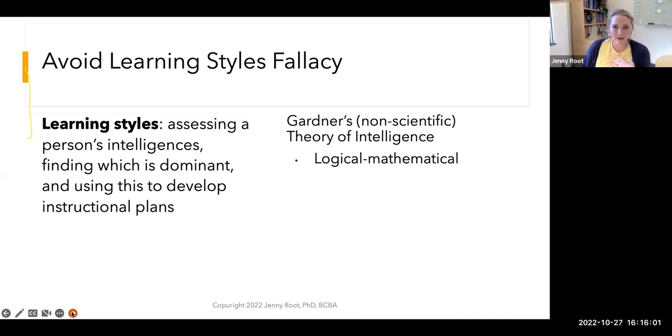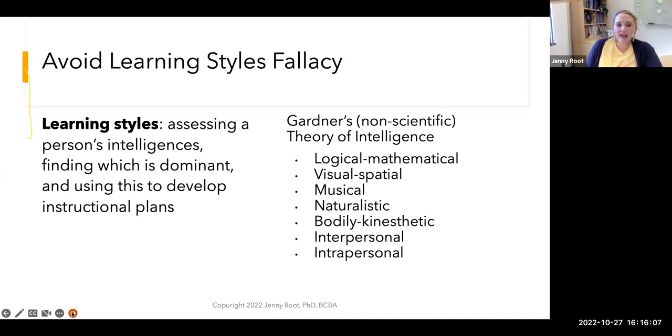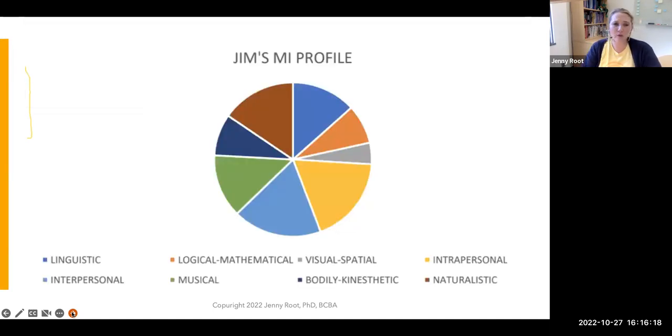Anybody can come up with a theory, by the way, and anybody can publish a book. Certainly he convinced others that it was true. But the original types of intelligences were these. The problem is then you may look at your multiple intelligence profile and see where you fall.